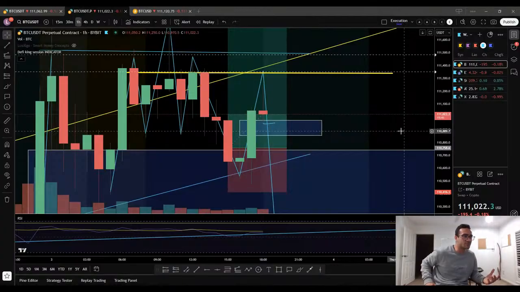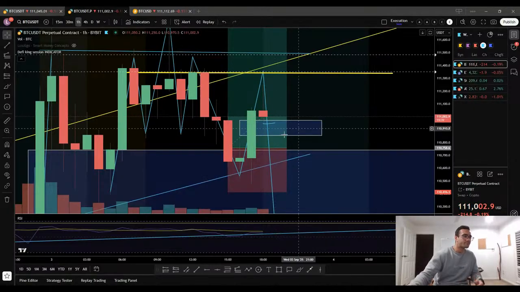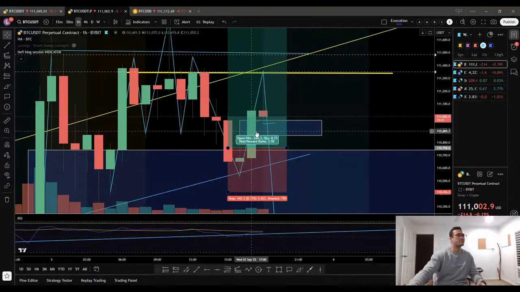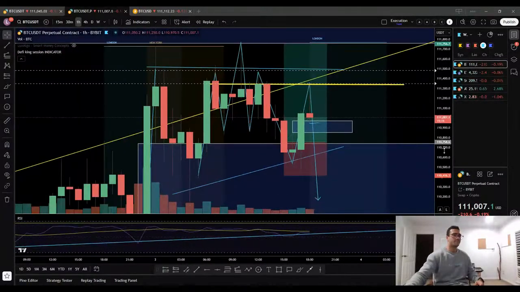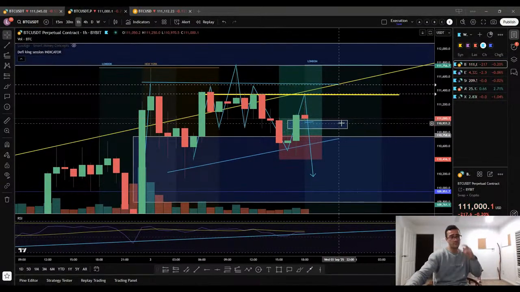Banks and institutions having a fight. The big boys are simply going, buy now, sell now. And then the retail traders are like, what do we do? Buy, sell, sell, buy, buy. And then there's me.